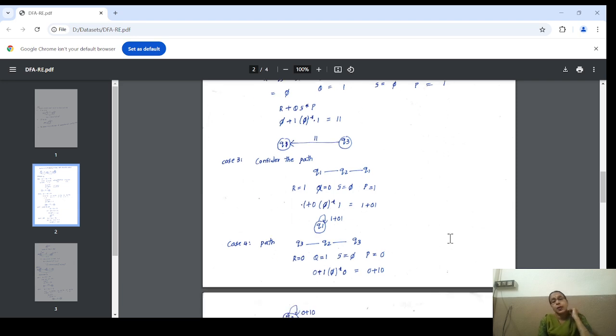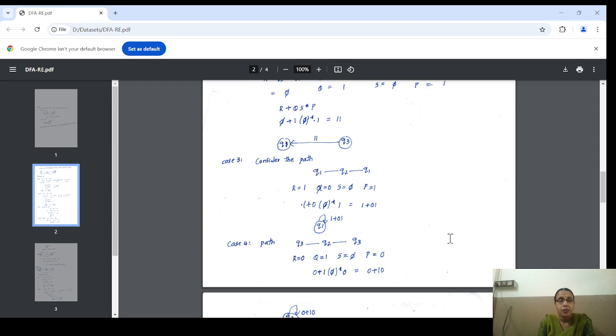Next, we are considering another path, Q3 to Q3, by using the intermediate state Q2. So R equal to 0 means there is no direct path or self-loop on Q3, so the value is phi. And Q equal to 1 means Q3 to Q2 in the diagram is 1.